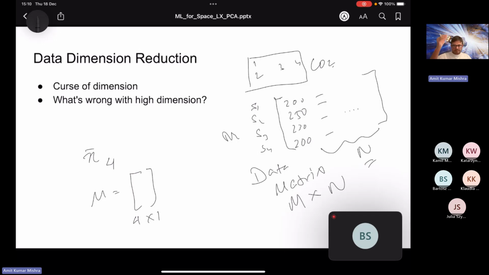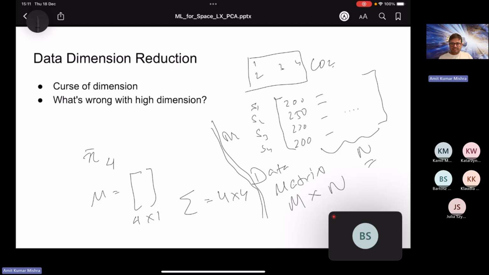The mu vector, the mean vector, and the covariance matrix, and that will be of dimension 4 cross 4. Right. My point is that if your data dimension is higher, then to represent that data, you need bigger and bigger covariance matrices.